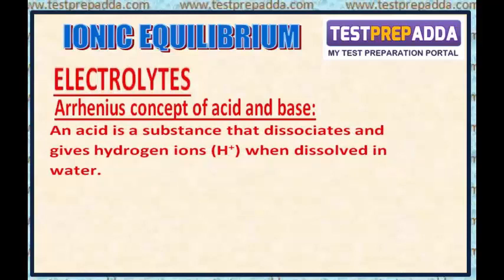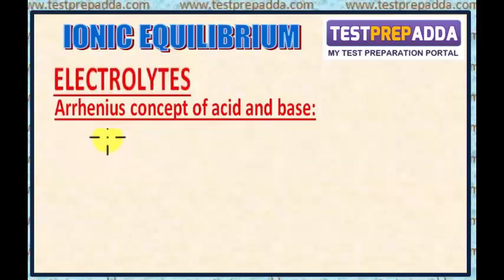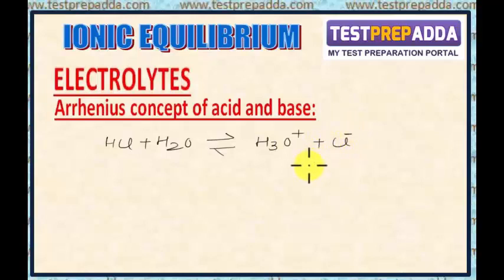According to Arrhenius, an acid is a substance that dissociates and gives hydrogen ions, H plus, when dissolved in water. For example, when HCl is dissolved in water, HCl gives its H plus to H2O, and this way we get H3O plus and the remaining part is Cl minus.